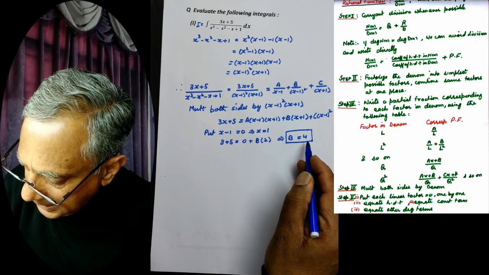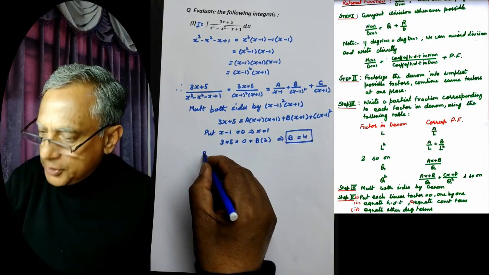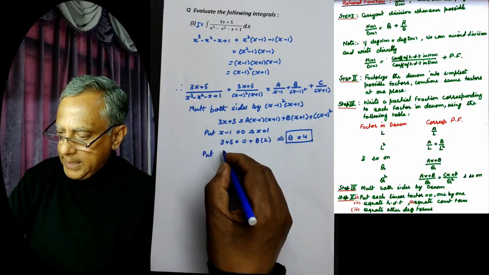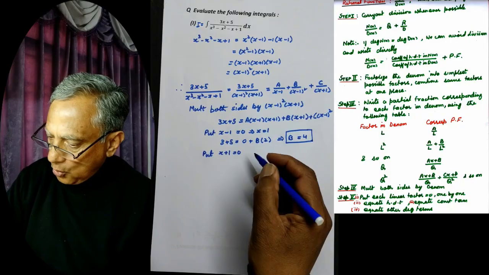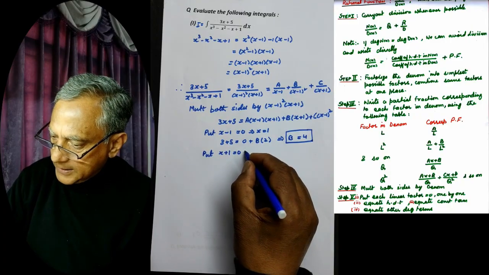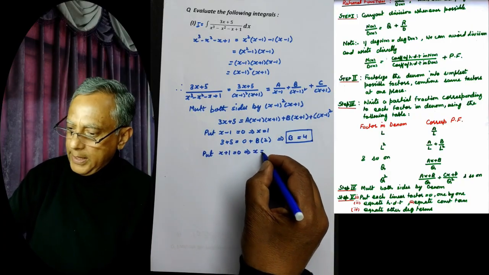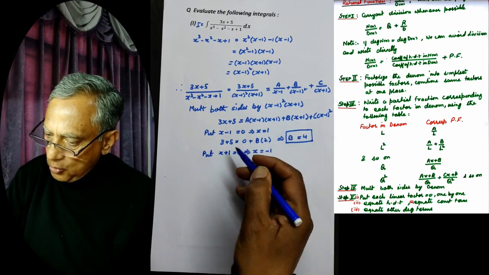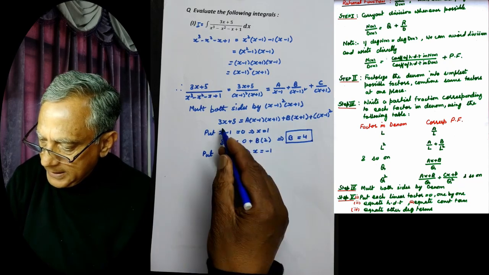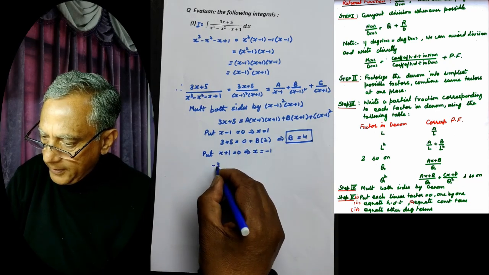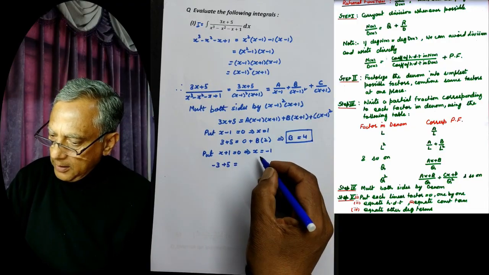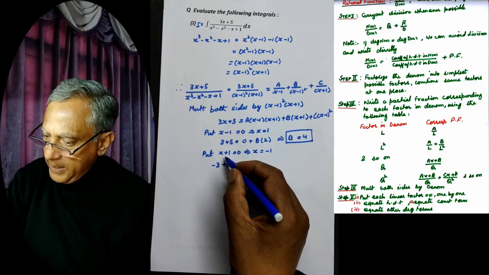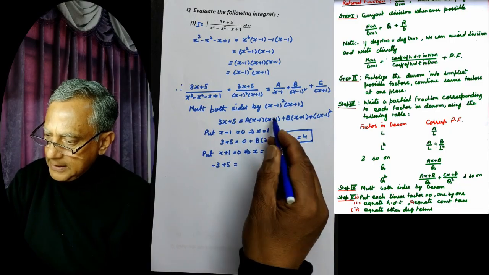Now put the other linear term equal to 0. Put x plus 1 equal to 0. So this implies x equal to minus 1. Now x equal to minus 1. So this will be minus 3 plus 5. And this is equal to, now x plus 1 is 0. So this will be 0. This is 0.